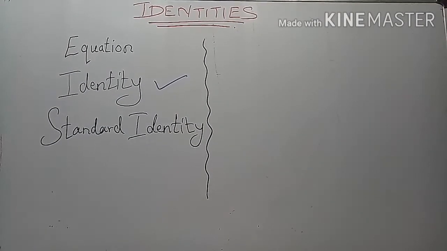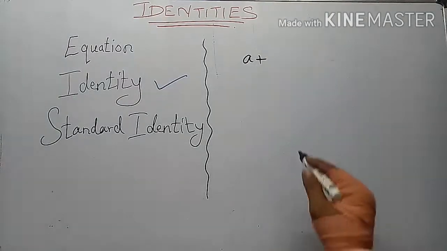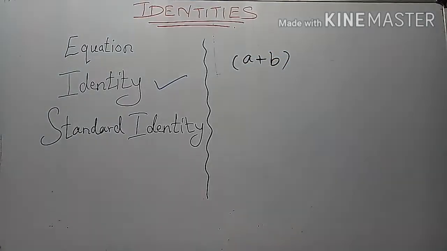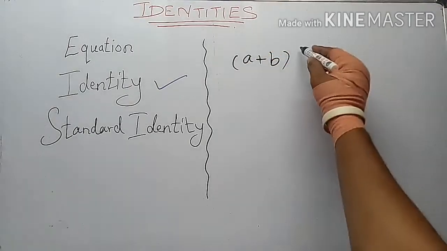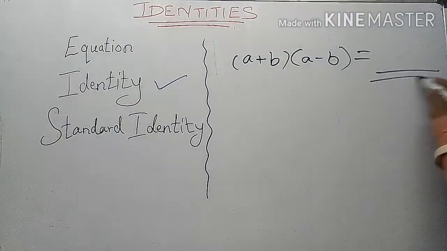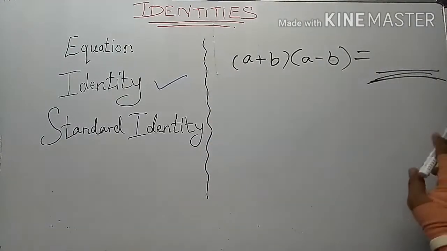The identities that are obtained by multiplying one binomial with another binomial are called standard identities. Let us take a very simple example. A plus B multiplied by A minus B. When you solve this, you get an equation.